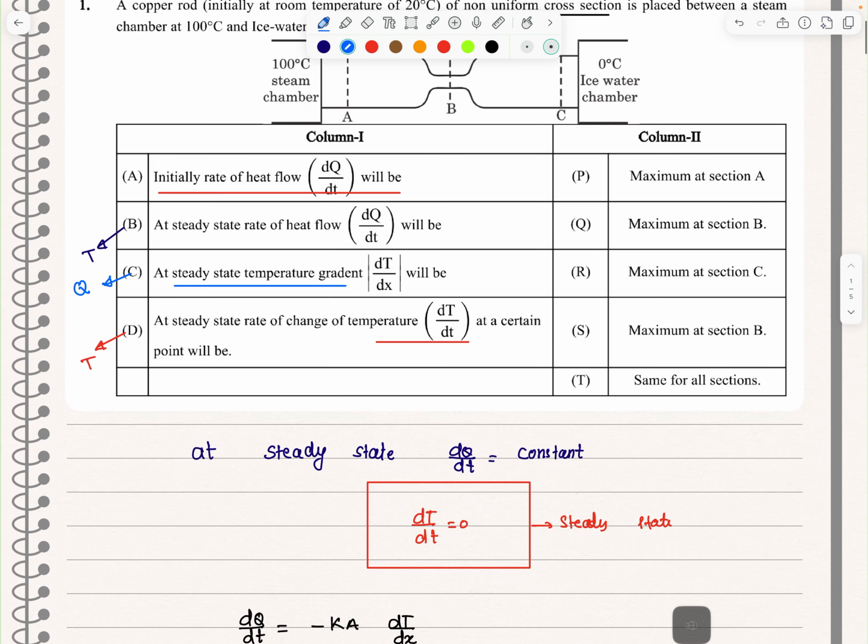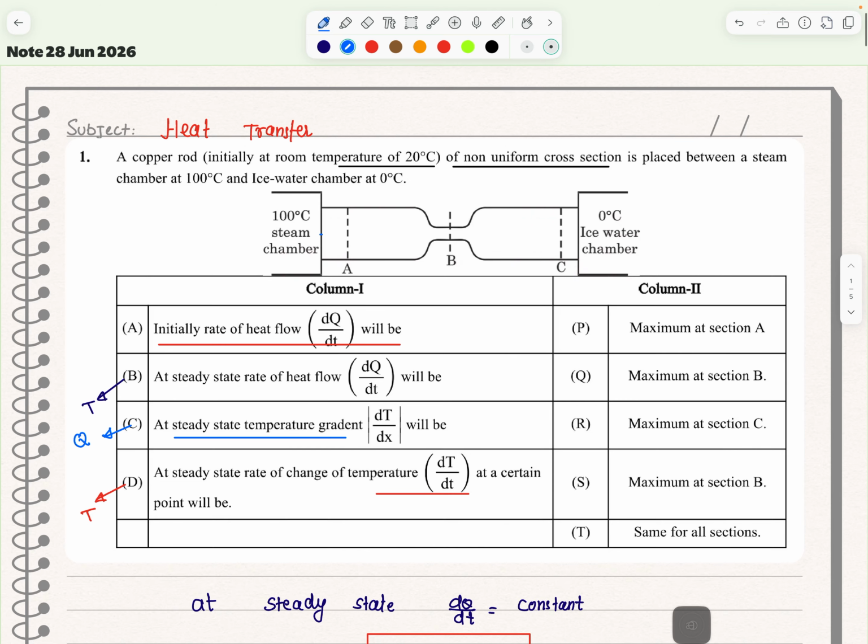Now see, at section A, the temperature difference is how much? 100, and the initial temperature was 20. So at section A, at T equals 0, the value of dT is 100 minus 20, that is 80 degrees centigrade.